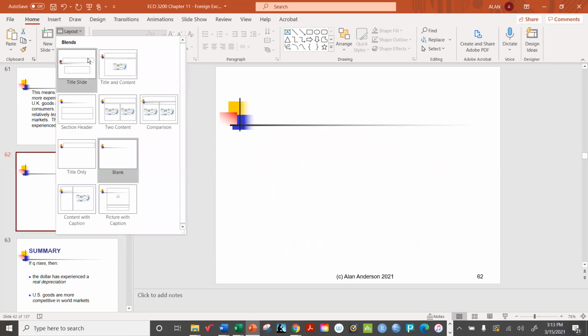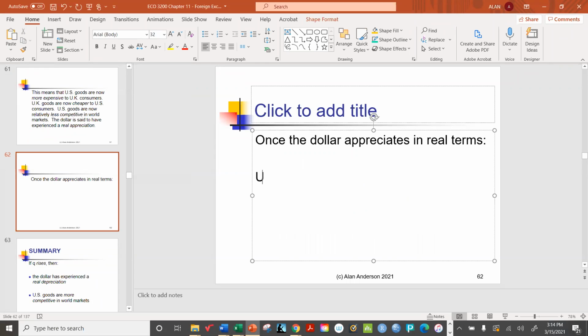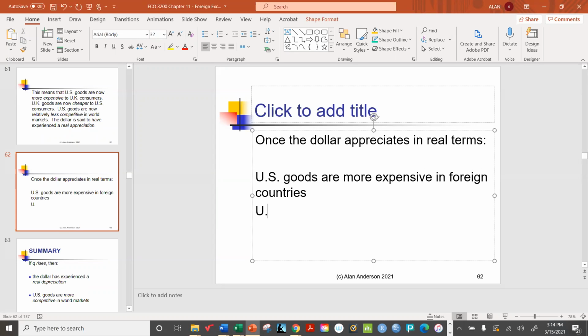All right, so once the dollar appreciates in real terms, US goods are more expensive in foreign countries, in the UK, and UK goods are cheaper in the US.